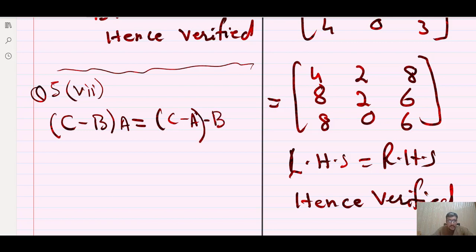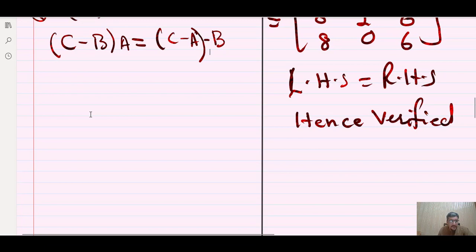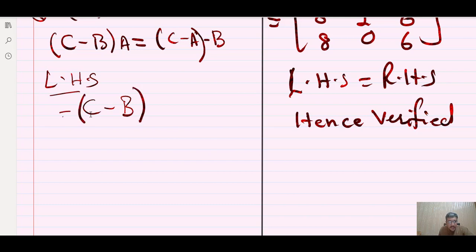So we are going to solve the left hand side first, in which we have to subtract C from B, and then we have to multiply the result with A matrix.